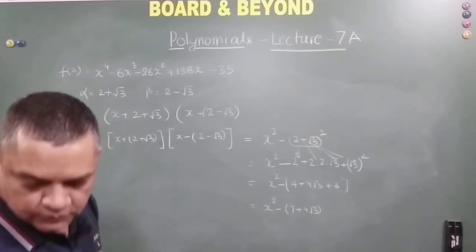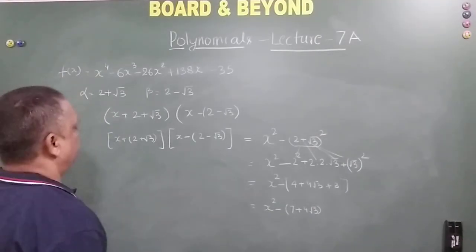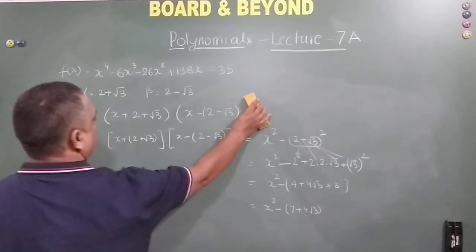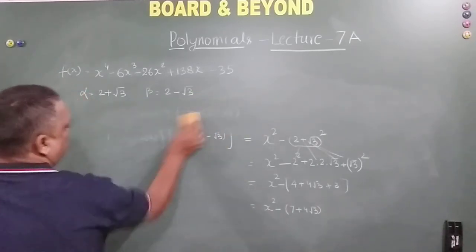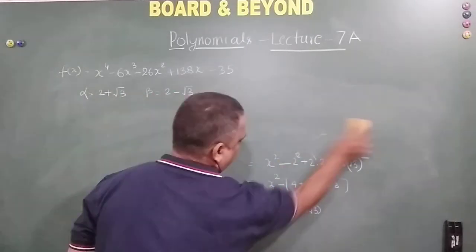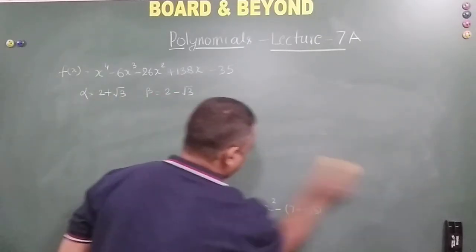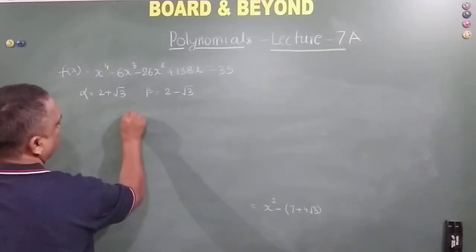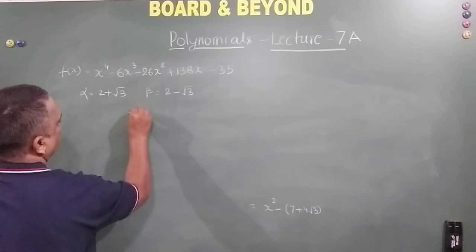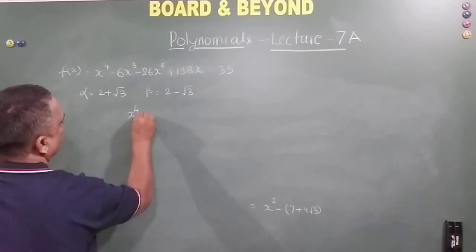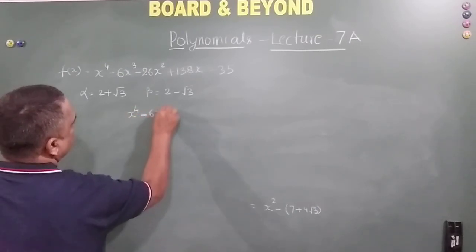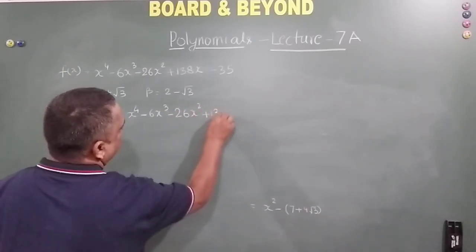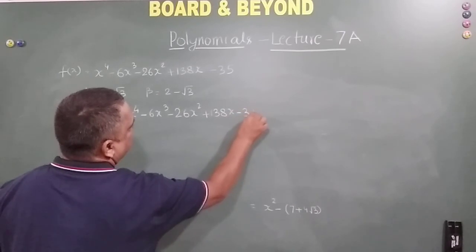Okay, so now let's do a division. x raised to power 4 minus 6x cube minus 26x square plus 138x minus 35.